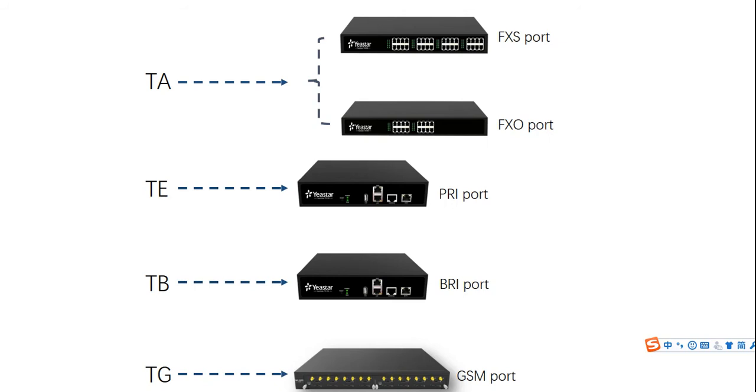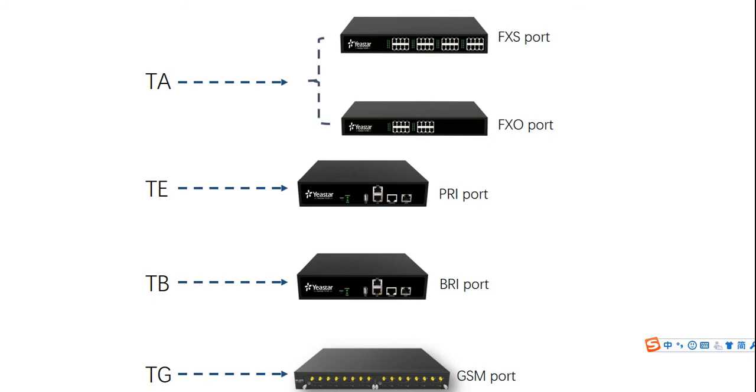So we have, as you can see here, 5 kinds of gateways. The first one is TA, our analog gateways that come with FXS ports for analog phones, or FXO ports for your CO lines or analog lines from the service provider. Then we have TE gateways, our PRI gateways.